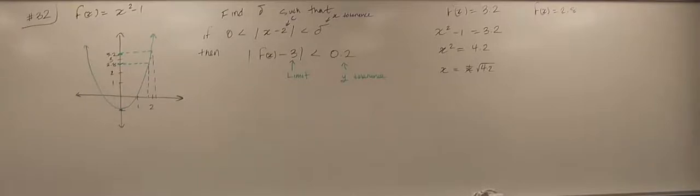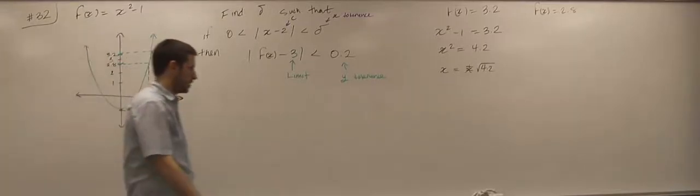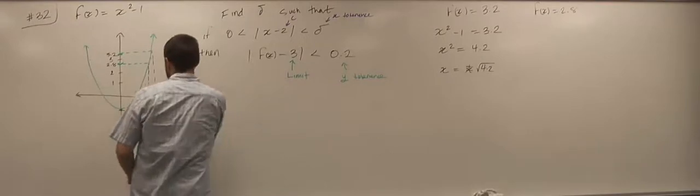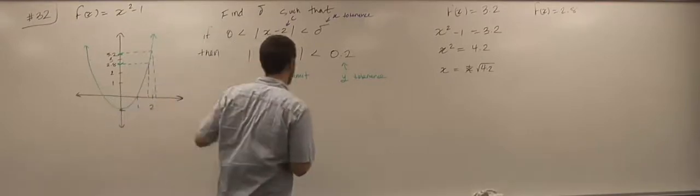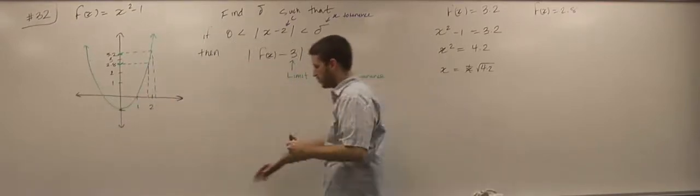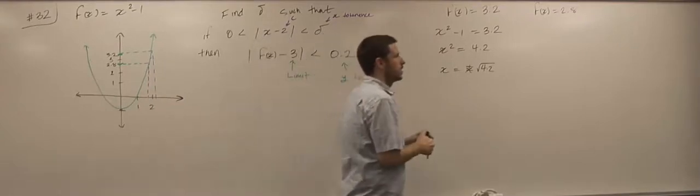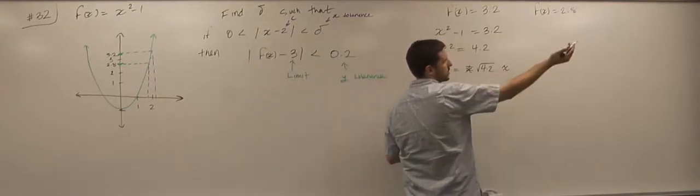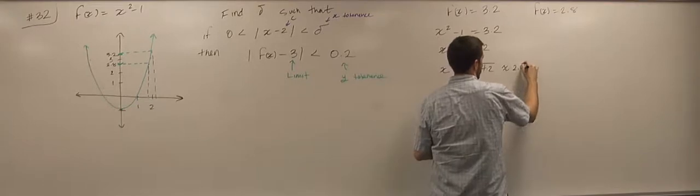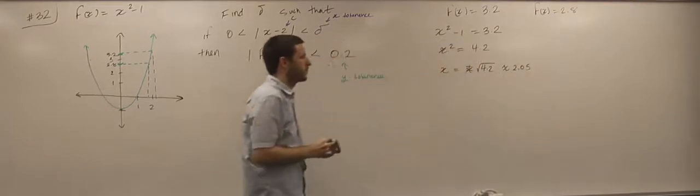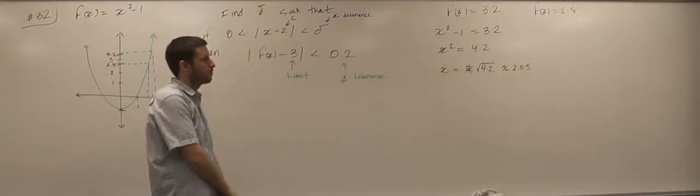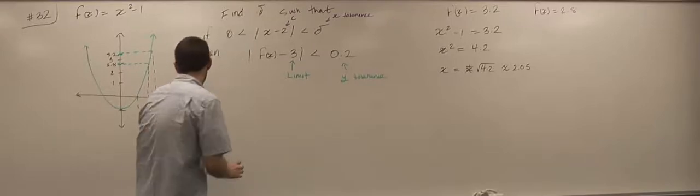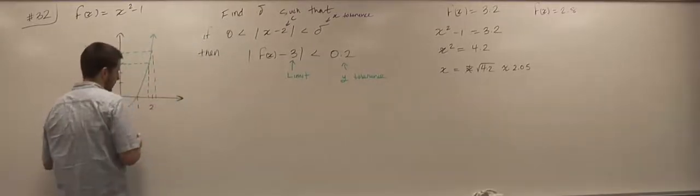The square root of 4.2 is 2.0493. So this x value down on the right here, let's just round it to 2.05.